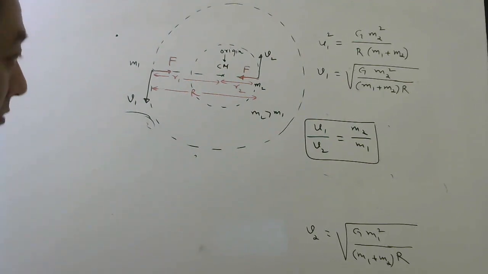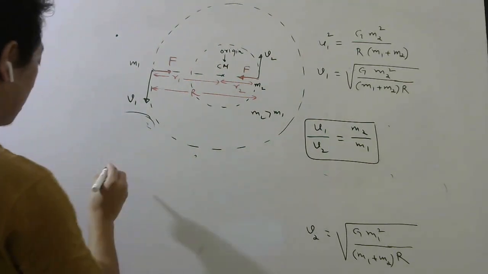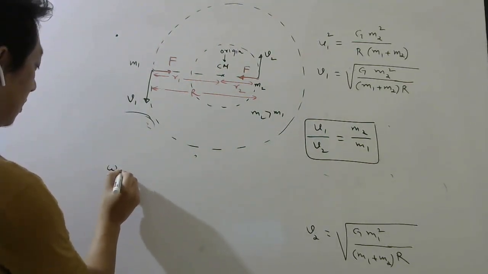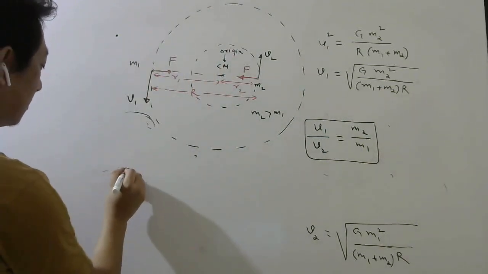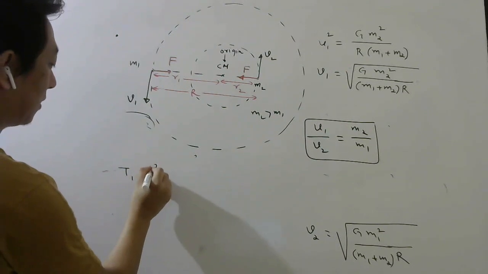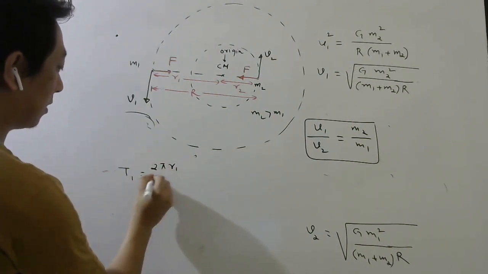Now, listen carefully. Suppose I try to find the angular velocity of the first one. See, it is rotating now. So let me find the time period. The time period of the first one will be 2 pi r1 by v1.